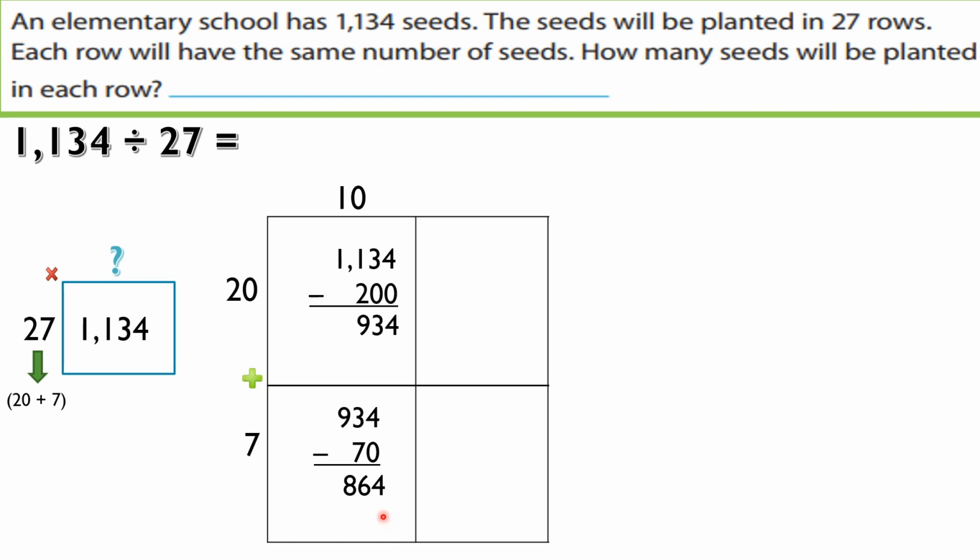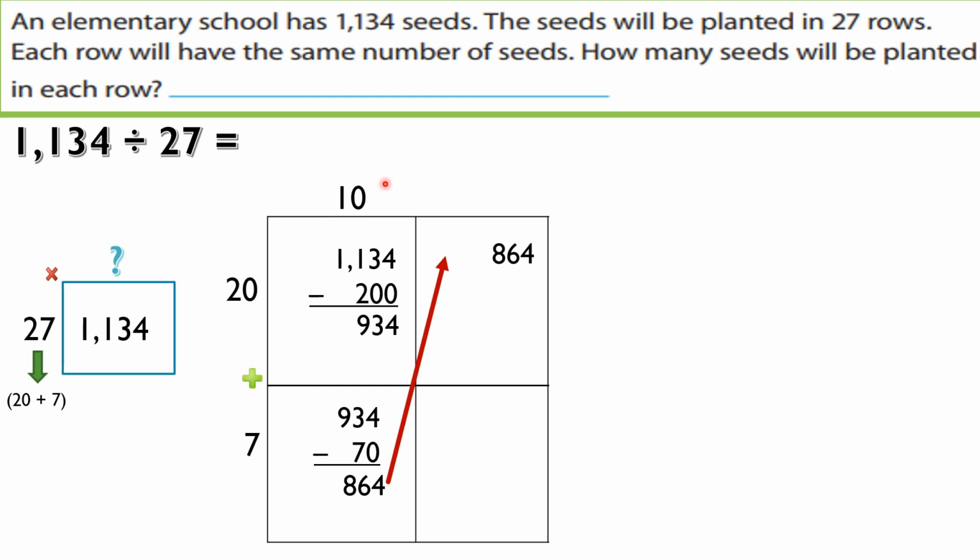With 864 left, we are now going to be putting it in our new space. And we're going to be seeing how many groups of 20 we can get from 864 and how many groups of 7 after. So from that, we are going to be still using our math strategy, guess and check.